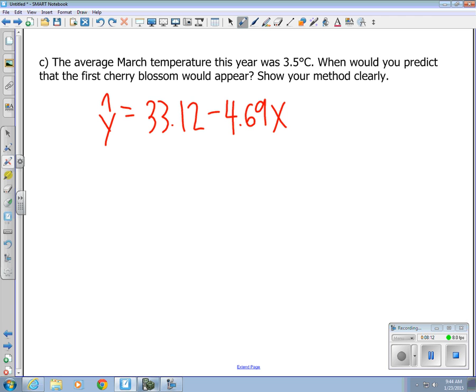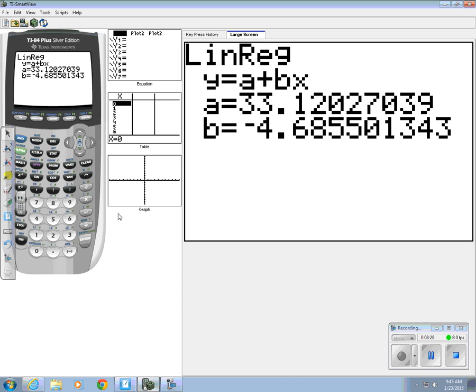And for x, just plug in 3.5 degrees. So we can do that in the calculator real quick.